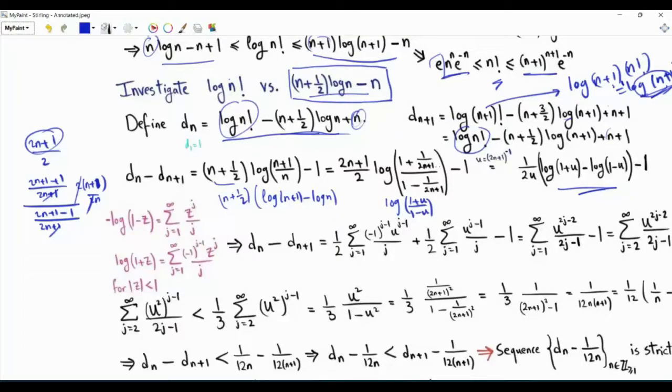And we are okay here. We have no problem because u is 1 over (2n+1), so the highest possible value of u is 1/3. So we can expand those logarithms using their Taylor series expansions.